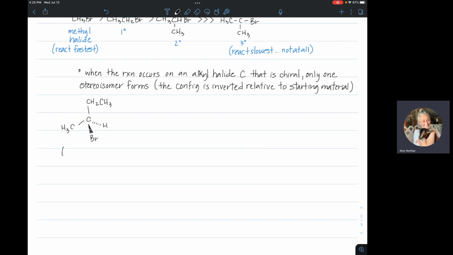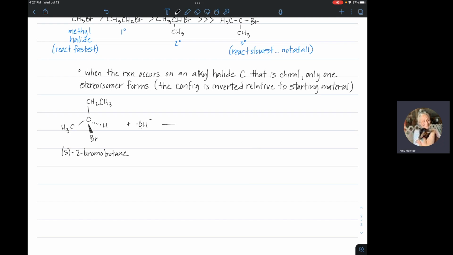So this is S-2-bromobutane. And we're going to allow this to react with a nucleophile, something with a lone pair of electrons.